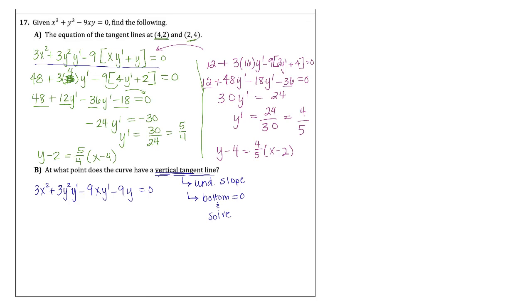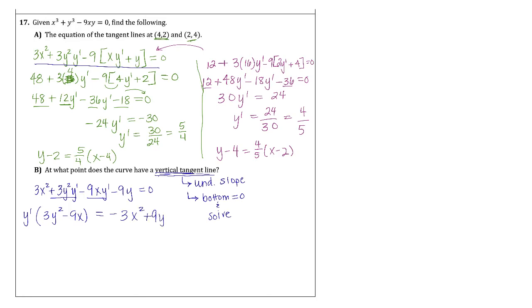And let's go ahead and do a bunch of rearranging here. I'm going to keep these on one side and factor out the y prime. So that's going to give me 3y squared minus 9x. Everything else is going to go over to the other side. So that means we're going to have negative 3x squared plus 9y.